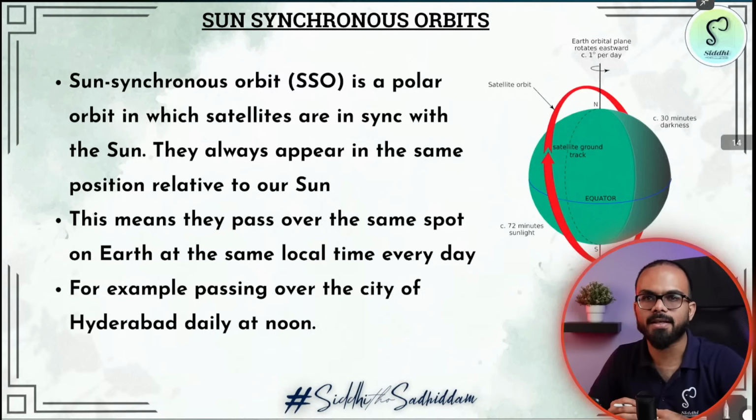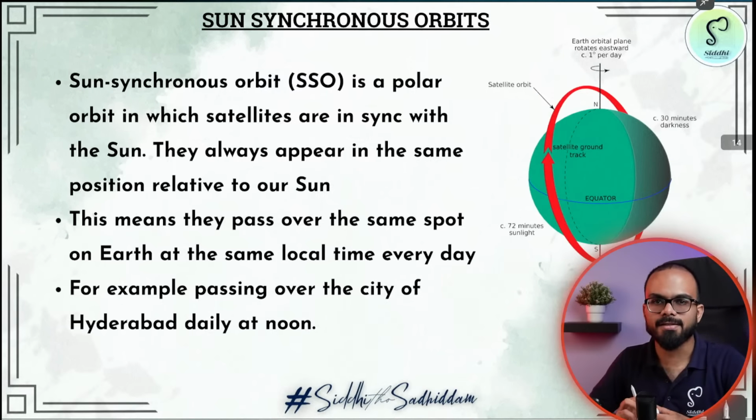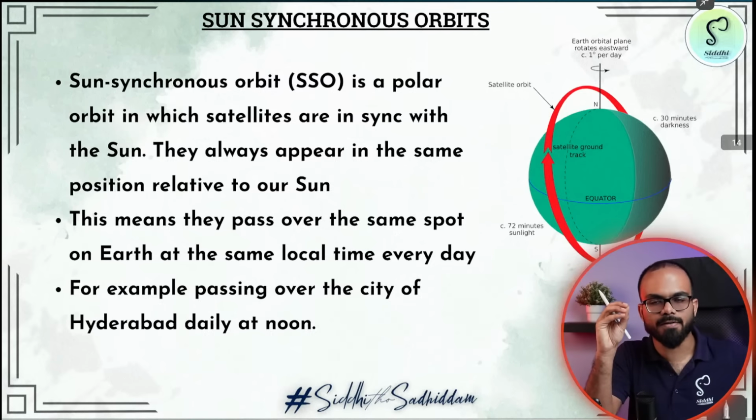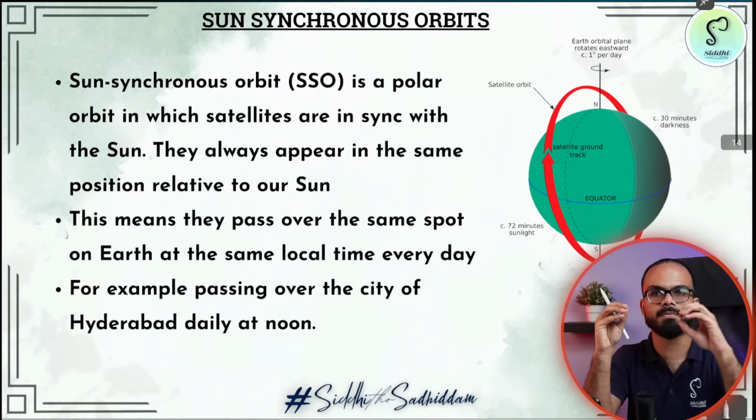The next type of orbit that is very interesting is sun synchronous orbits. As the word says, sun synchronous orbit means the position of the satellite is in sync with the position of the sun.